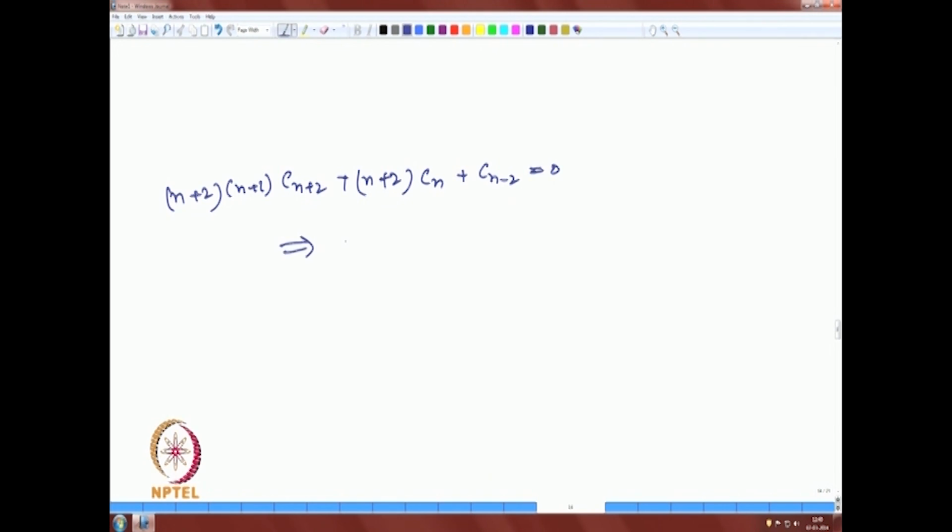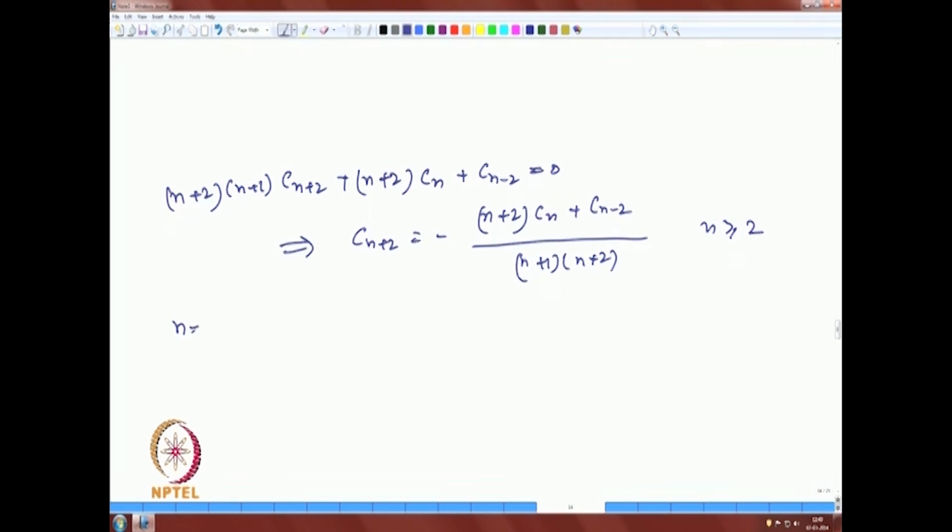If we solve it, c_{n+2} is obtained as minus [(n+2) c_n plus c_{n-2}] divided by (n+1)(n+2) for n greater than or equal to 2.